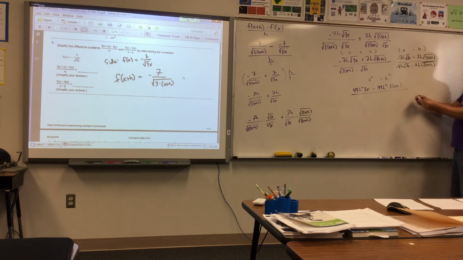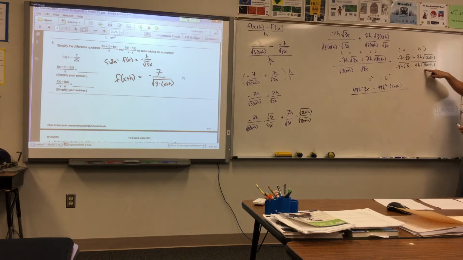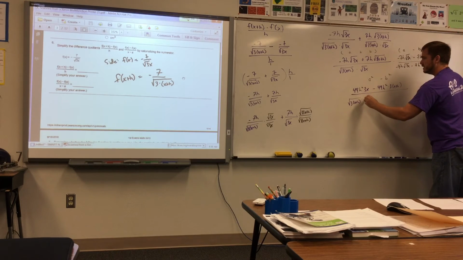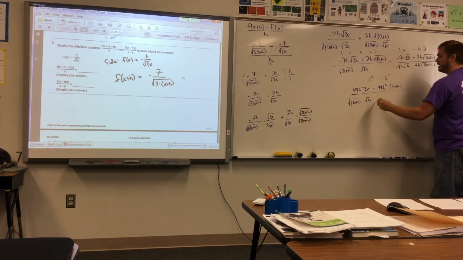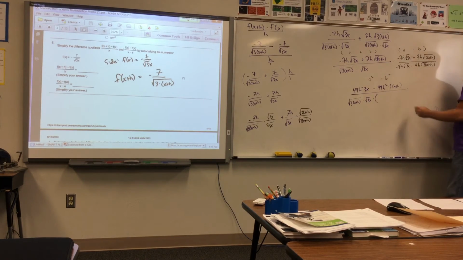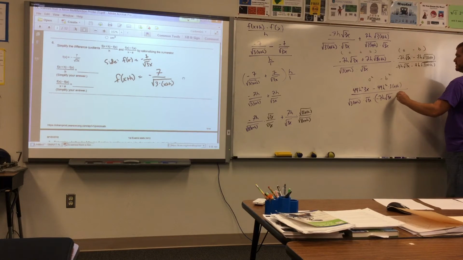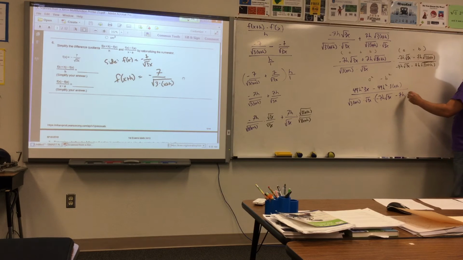All over this times this: square root 3x plus h times square root 3x times the quantity negative 7h square root 3x minus 7h square root 3x plus h.